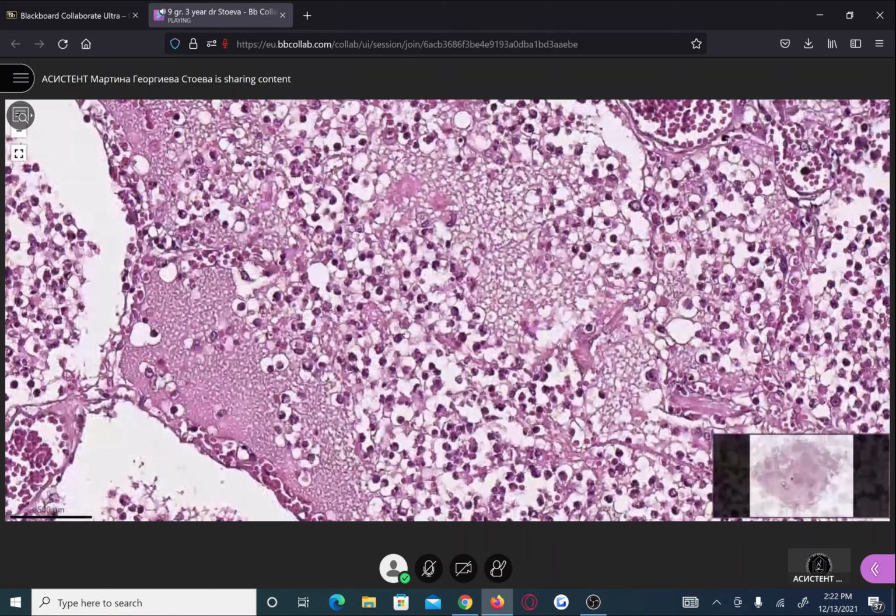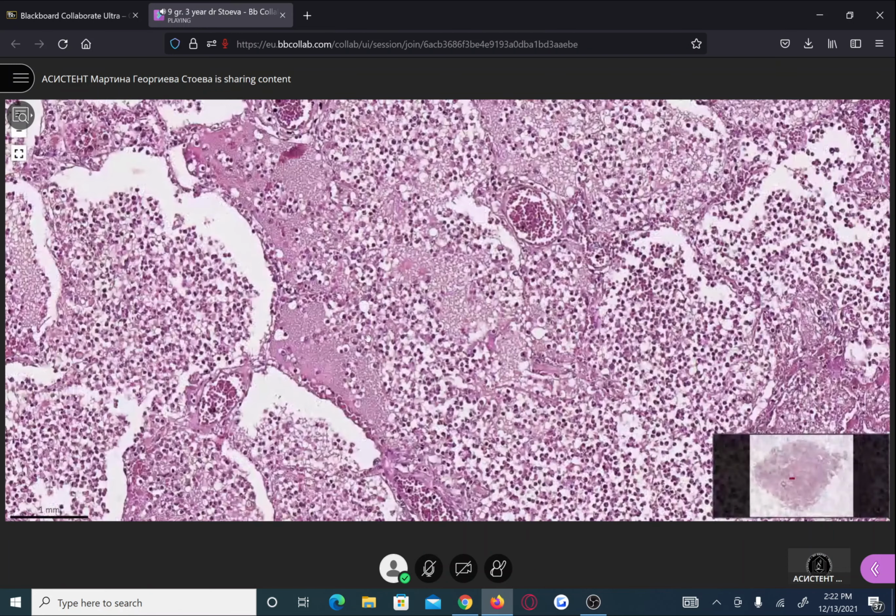Organization means that there is growth of connective tissue within the alveoli at the place of the exudate. Usually it happens through the stage of granulation tissue.